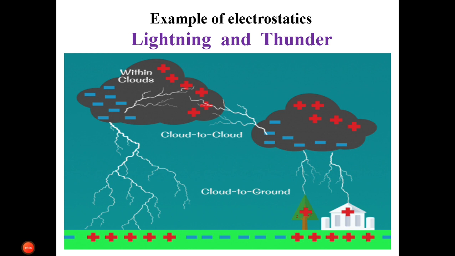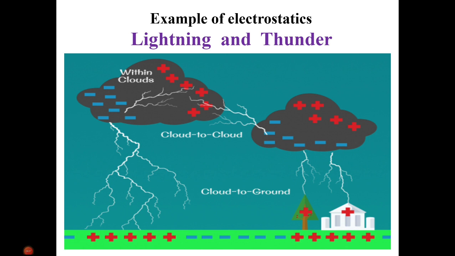So the cloud is more negatively charged and the earth is more positively charged. The electrons in the cloud will try to enter the earth by an easy path, so they will find a way to reach the earth through air. Discharge of these electrons will occur, and we see it as lightning.